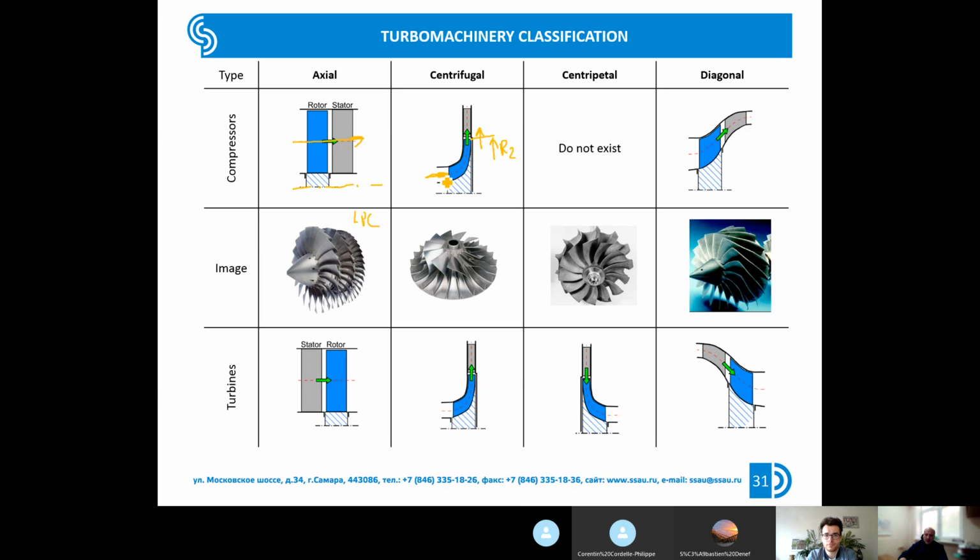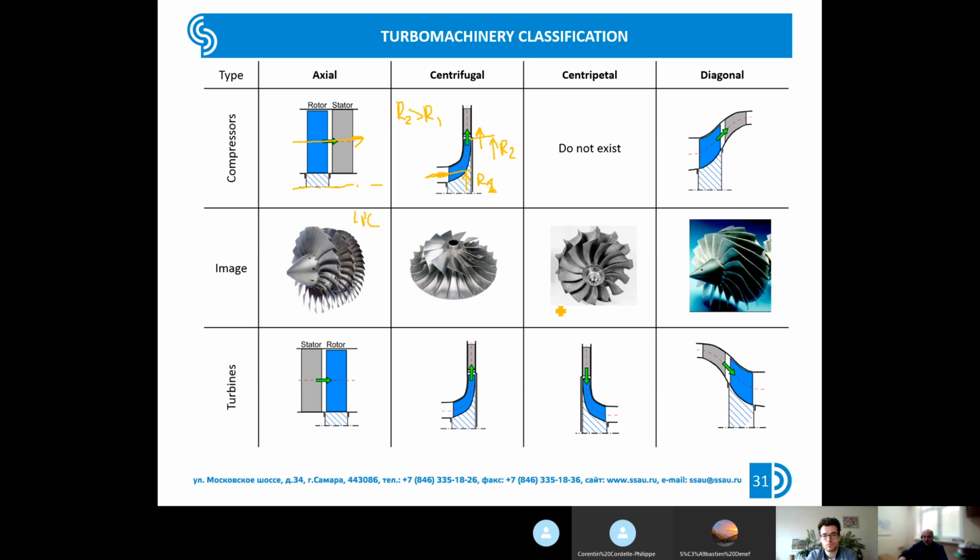If we write the radii, R2 will be more than R1. So the flow moves from the lower radius to the upper radius. Such turbomachinery is called centrifugal turbomachinery.